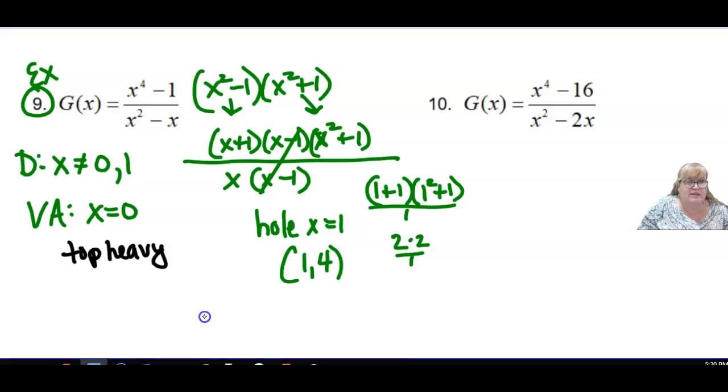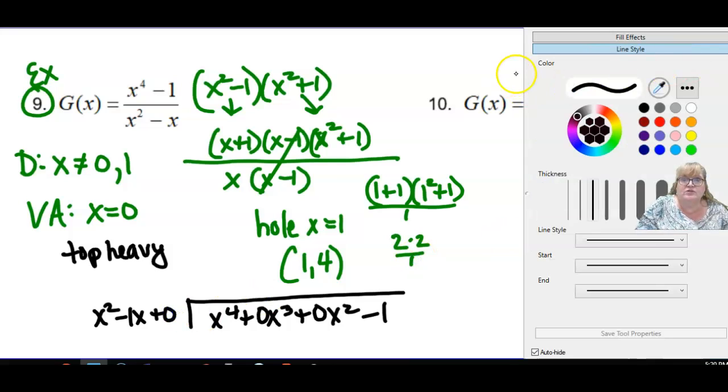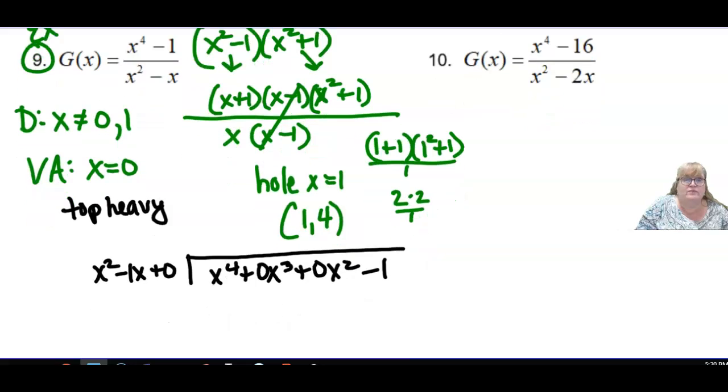We need to divide, and we need to use long division. We have x squared minus 1x plus 0 in the divisor, and in here we have an x to the 4th plus 0x cubed plus 0x squared minus 1. All right, this isn't as bad as it looks, because you're just going to get a lot of remainder.